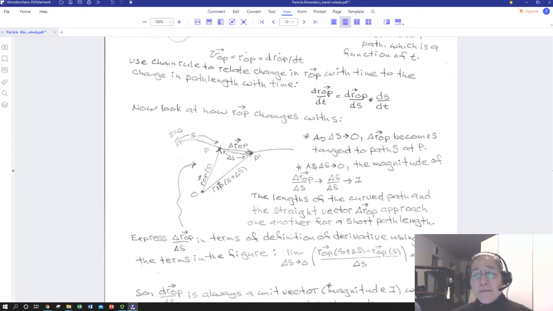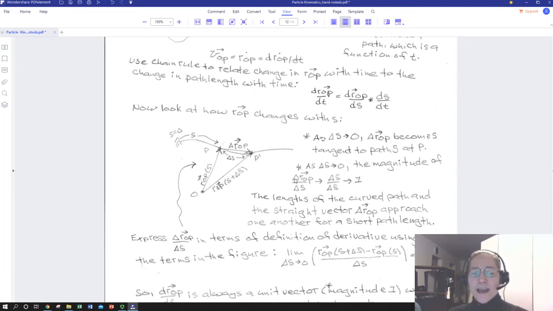So now let's look at the magnitude of what's going on, because eventually we're looking to see if we can define this crazy d ROP ds up here, because we need this for velocity. So as delta s gets smaller and smaller, this little delta path length between the radius vector at this point and the radius vector at the next point, let's shrink that to 0.